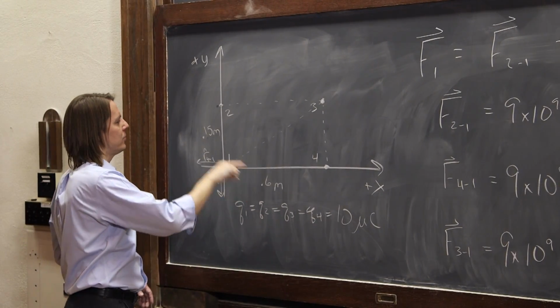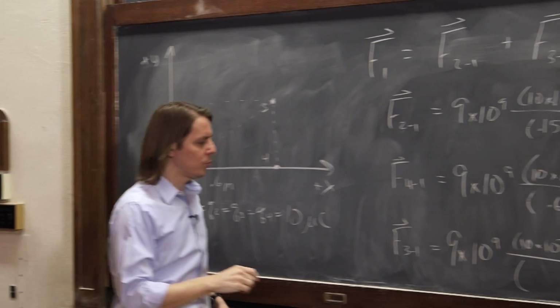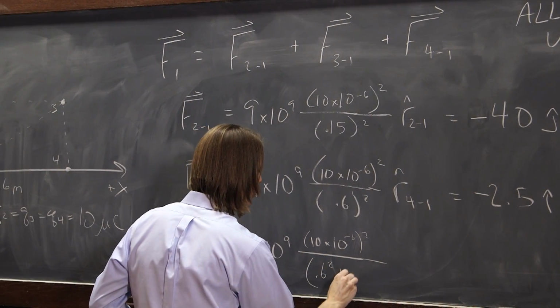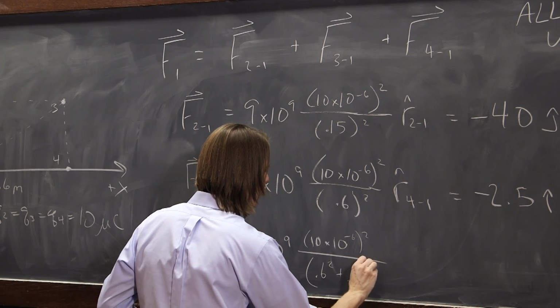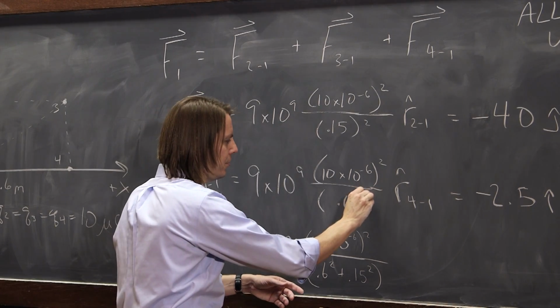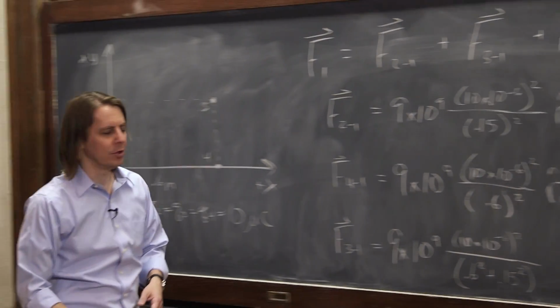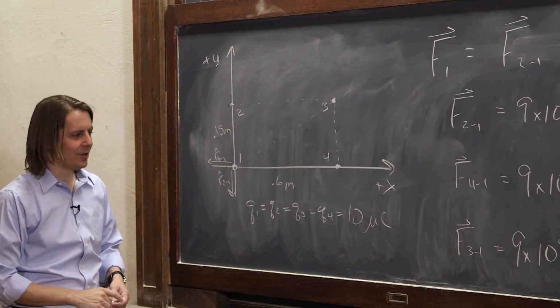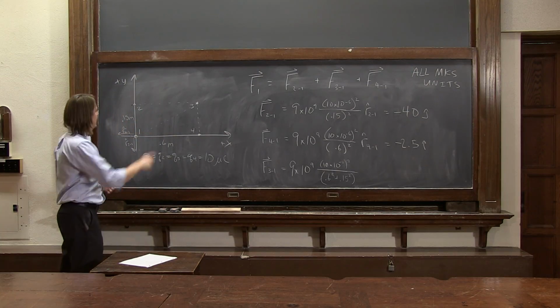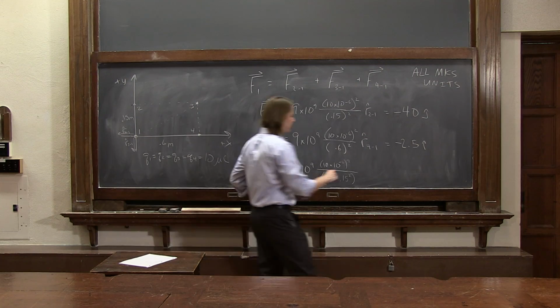It's the square root of 0.6 squared plus 0.15 squared. But it's a square root and then it's squared, so I'm just going to leave it alone. I'm not going to square root it and then square it because I'm running out of room. So it's 0.6 squared plus 0.15 squared in the bottom, and it's r hat 3, 1.